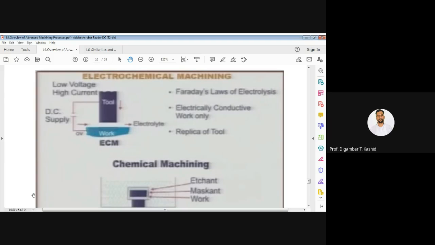The necessity of this process is that the workpiece should be electrically conductive. You can see that by the figure also.